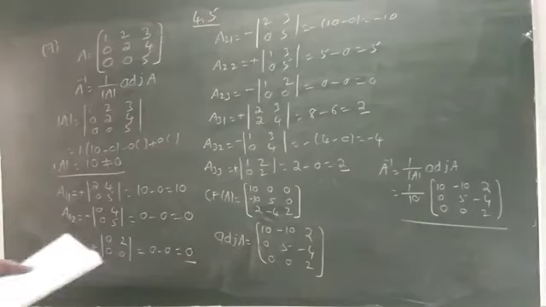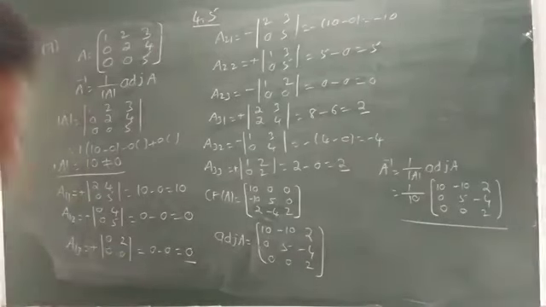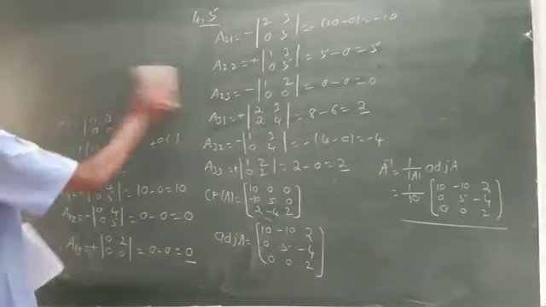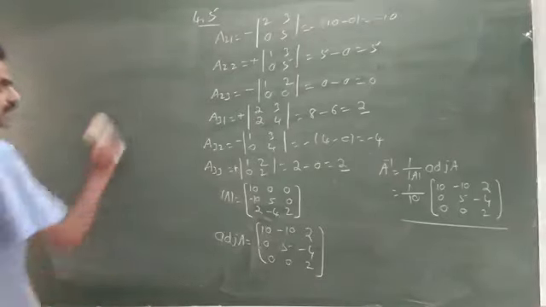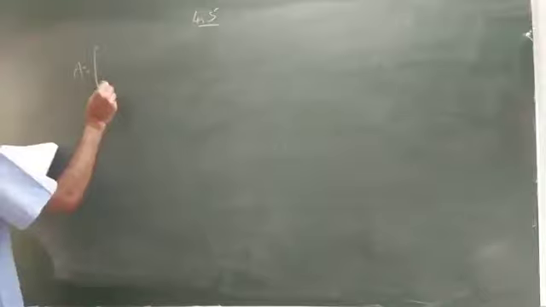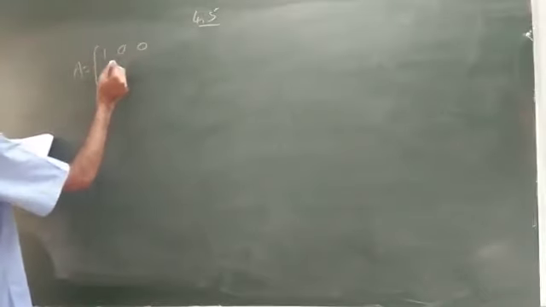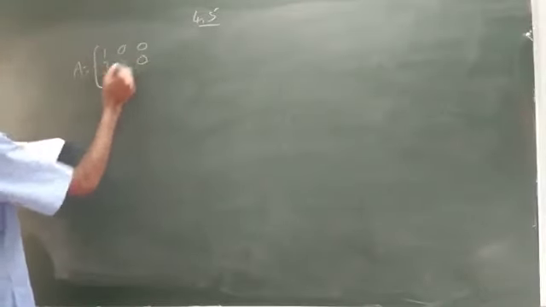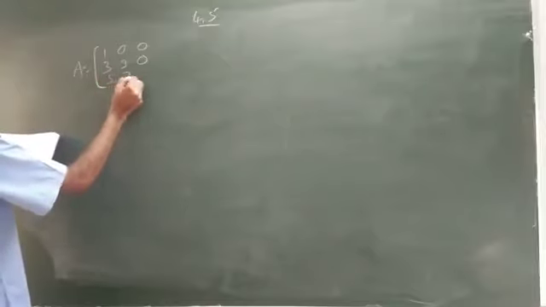Similarly, I will give you 2 or 3 homework problems. Try to find the inverse of those matrices. You need to solve these 3 problems at home. First: [1, 0, 0; 3, 3, 0; 5, 2, minus 1].